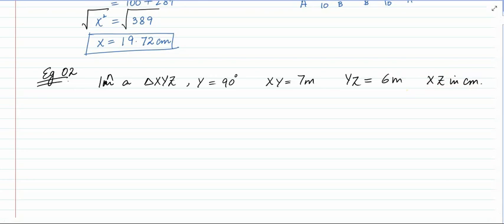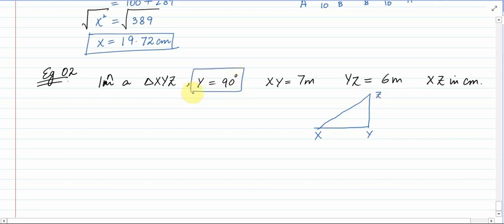Now first thing, you need to plot a figure. So the figure is very simple. It is a simple right angle triangle XYZ, but the main point is that Y must be at 90 degrees, right? XY is known, that is 7 meters. YZ is 6 meters. You need to find the value of XZ. So let's call this length a, right?